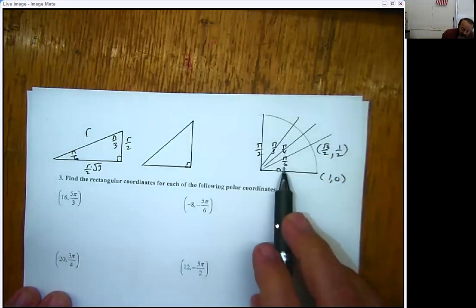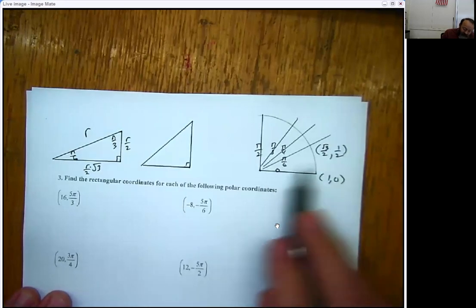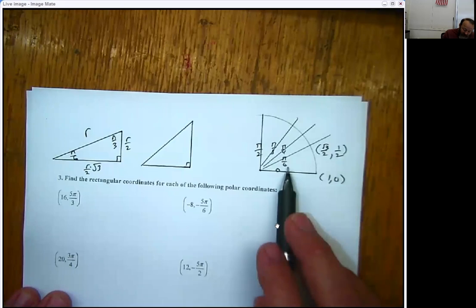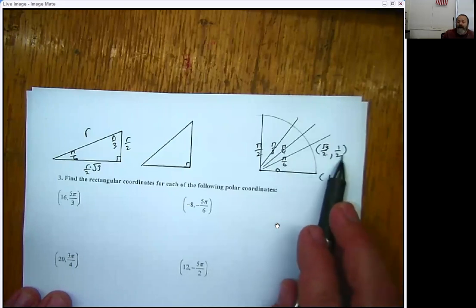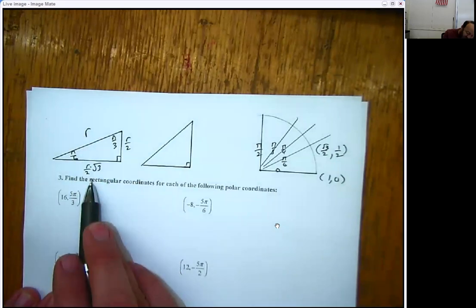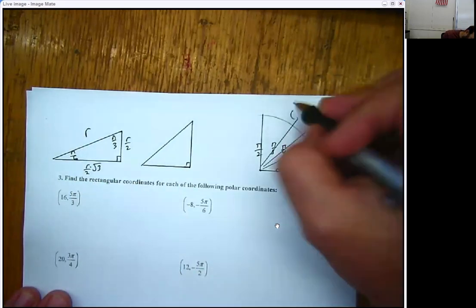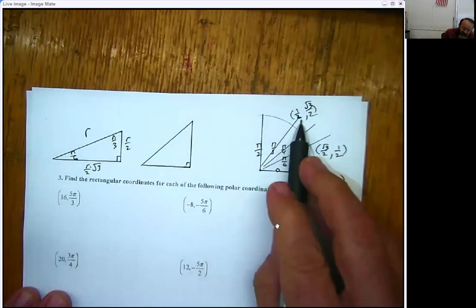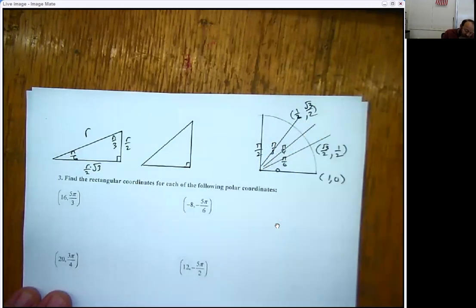And you could remember that the sine of pi over 6, remember the sine is always the y value and the cosine is the x value. So the cosine of pi over 6 is root 3 over 2 and the sine of pi over 6 is 1/2. In the same way, the sine of pi over 3 would be this divided by this, which makes this particular point 1/2, root 3 over 2. Remember, the cosine of pi over 3 was 1/2, and the sine of pi over 3 is root 3 over 2.